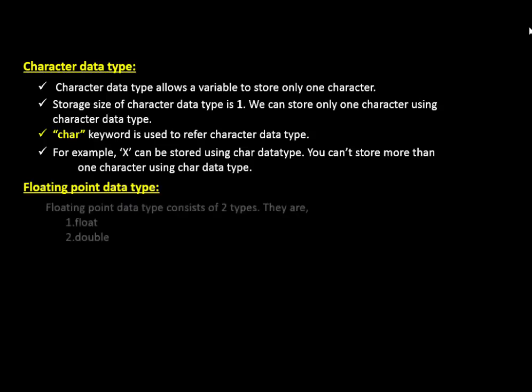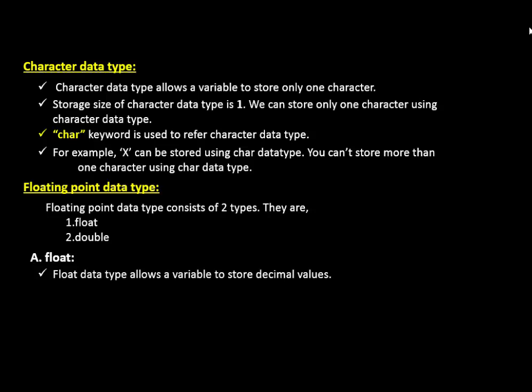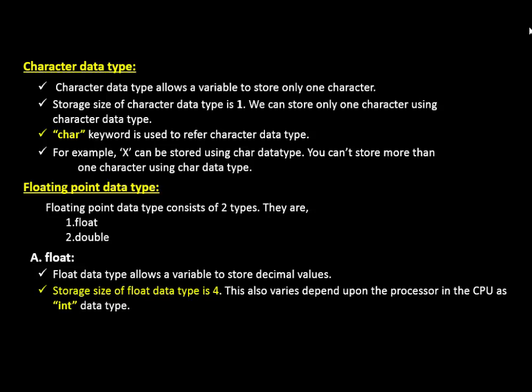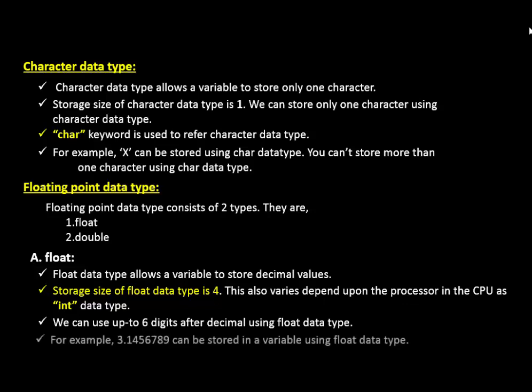Then the floating point data type. The floating point data type consists of two types. They are float and double. The float data type allows a variable to store decimal values. The storage size of the float data type is 4 bytes. This also varies depending upon the processor in the CPU, as with the integer data type. We can use up to 6 digits after the decimal point using the float data type.